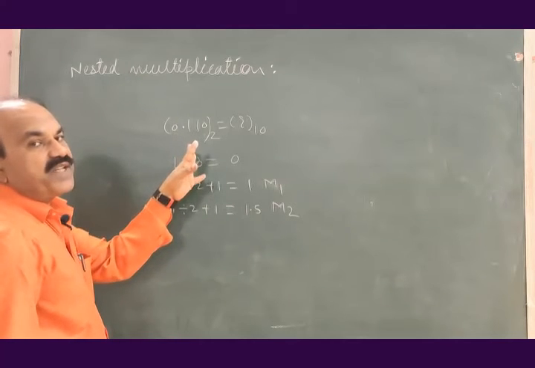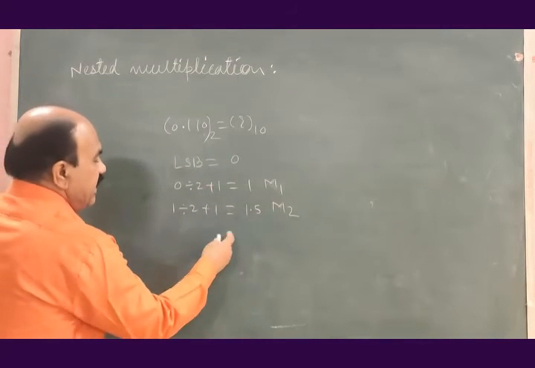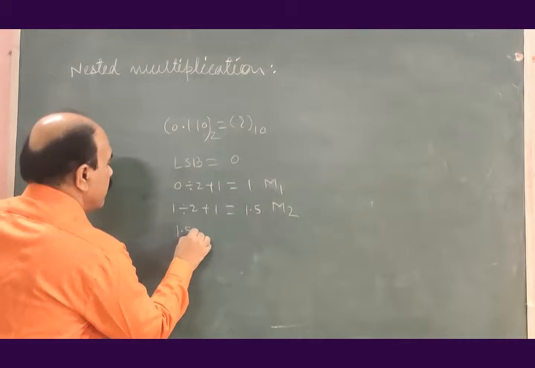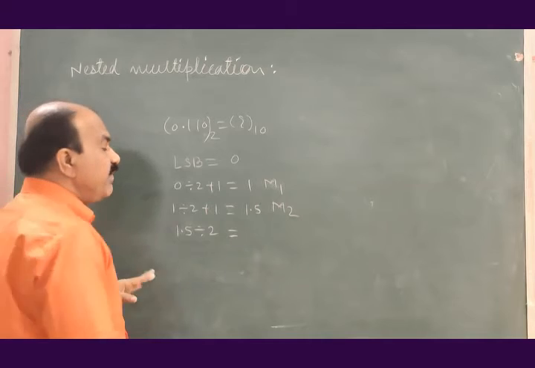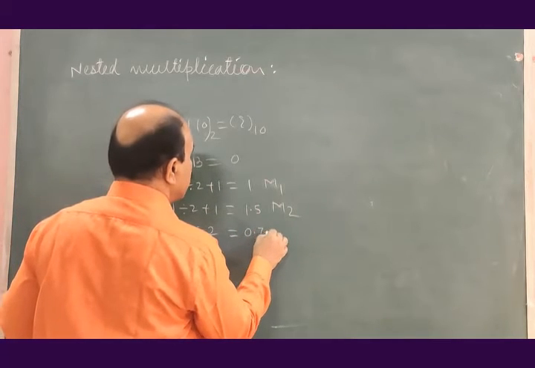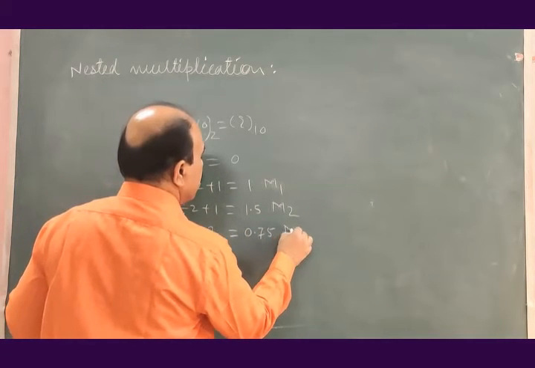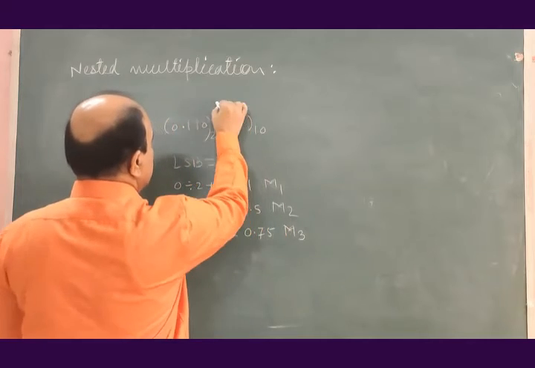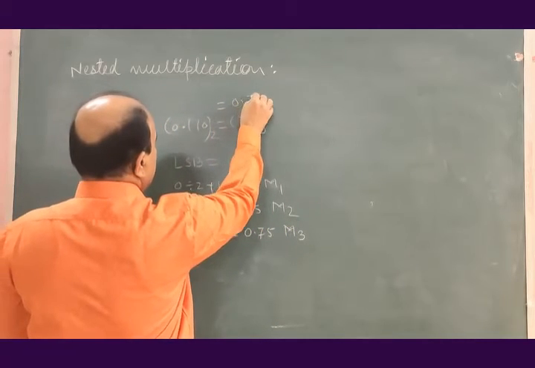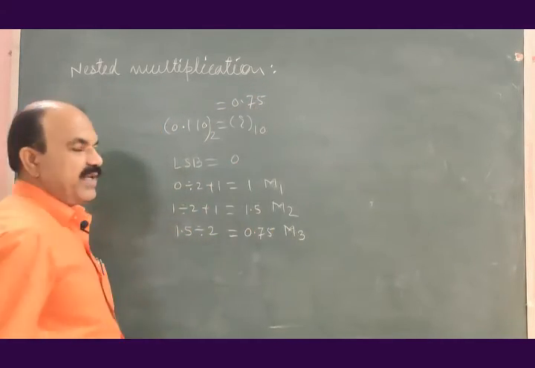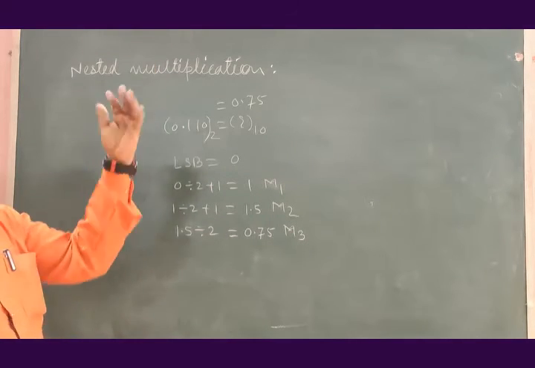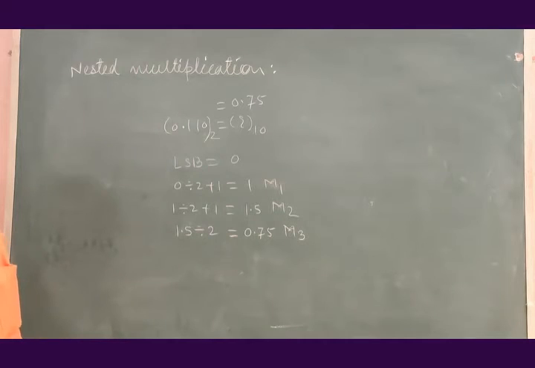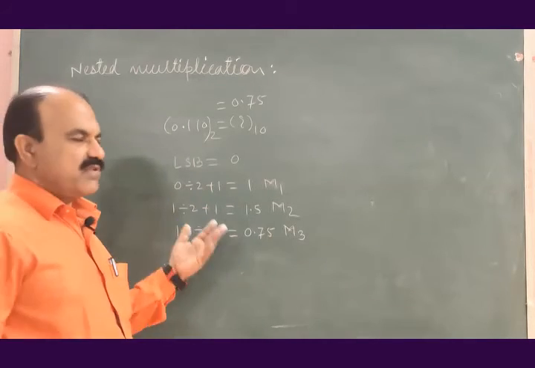No more bit is present in the fractional part. Divide this further by 2. It will be 0.75, M3. So this is 0.75 in decimal. 0.110 in the binary is 0.75 in decimal. Let us go for some other example.